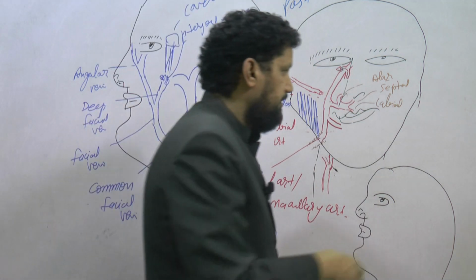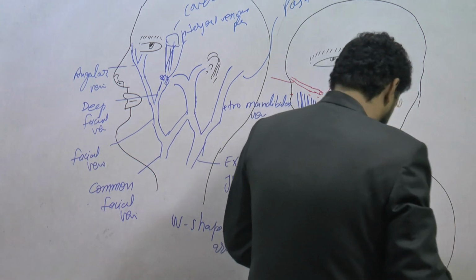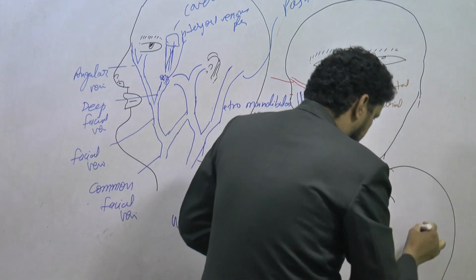So the lymphatic drainage of the face is mainly in the pre-auricular or parotid lymph nodes.